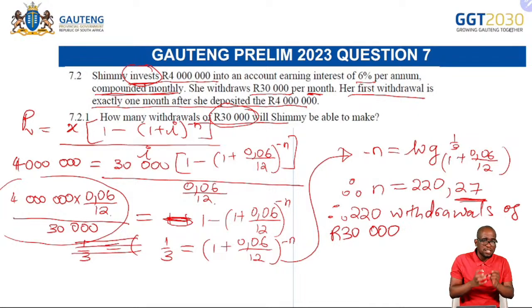But here they are specific: how many withdrawals of 30,000? You get 220.27. You have 220 withdrawals of 30,000 and a smaller fraction of the amount that would be withdrawn after the 220 amounts of 30,000 have been withdrawn. So that's very, very important. These numbers speak volumes here. Right, we move on.